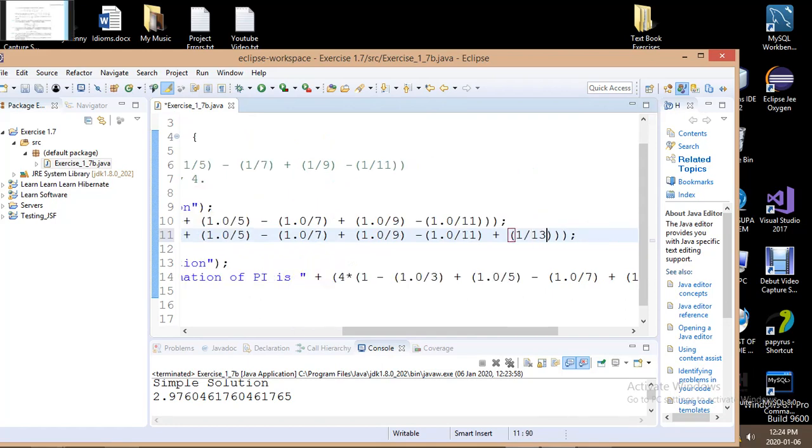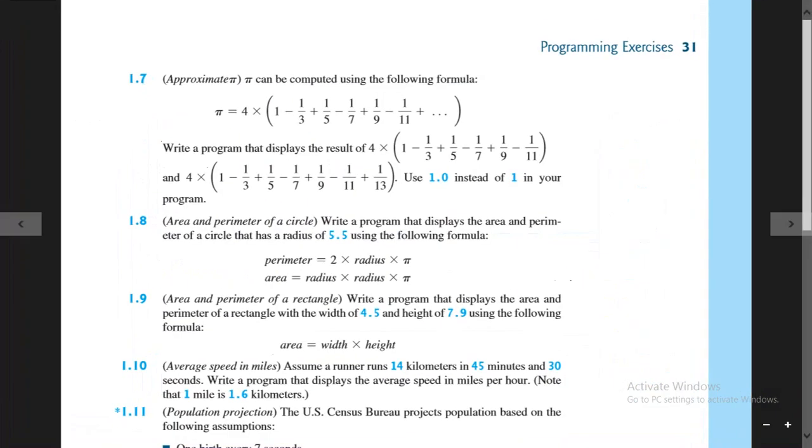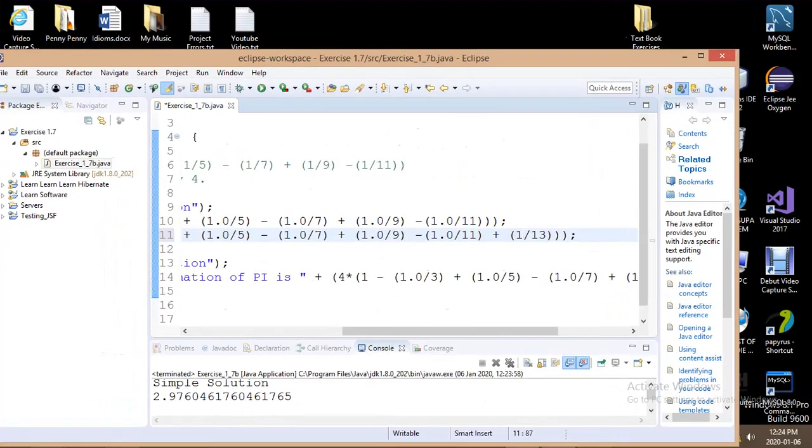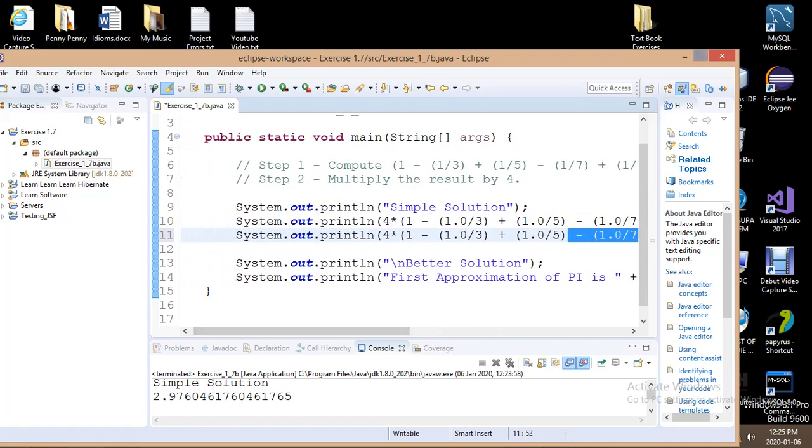Let's check it out first. Yeah, 1 over 13. It's 1.0 over 13.